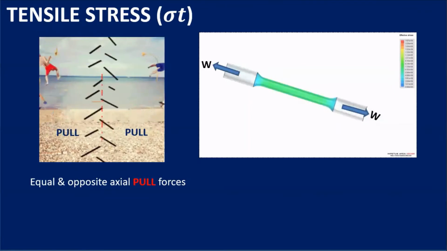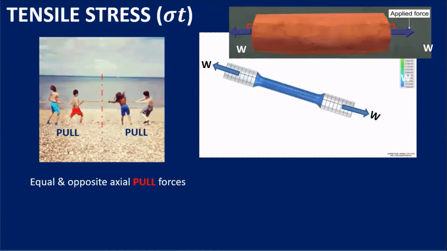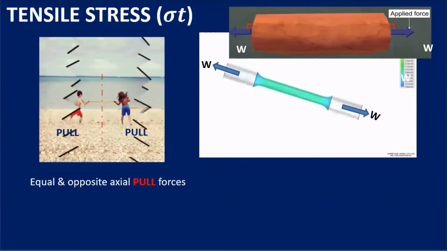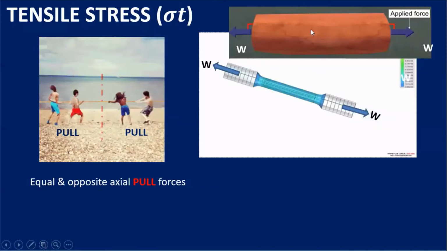Take a circular rod and pull its two ends so that the applied forces are normal to its cross-sectional area. These are the applied forces which are shown, and these are normal to this cross-sectional area, as we can see in the diagram.